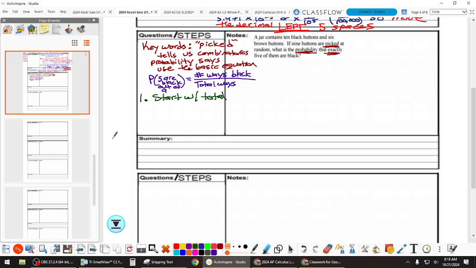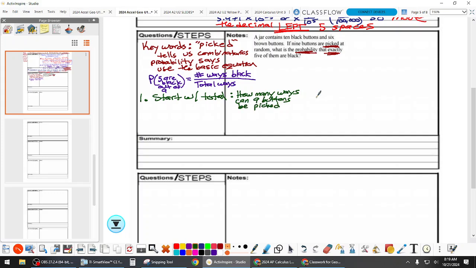Yeah, how many ways can we pick 9 buttons? Okay. And I think if you're at all struggling with these kind of problems, writing it out will help you. Like a description. How many ways can 9 buttons be picked?